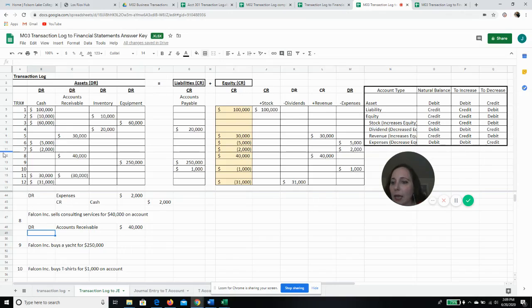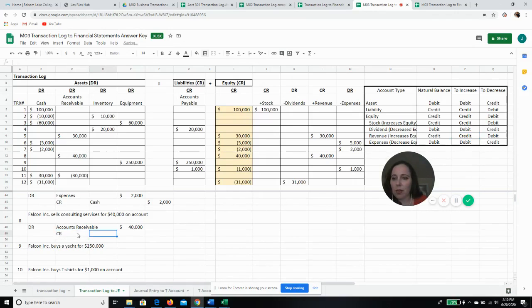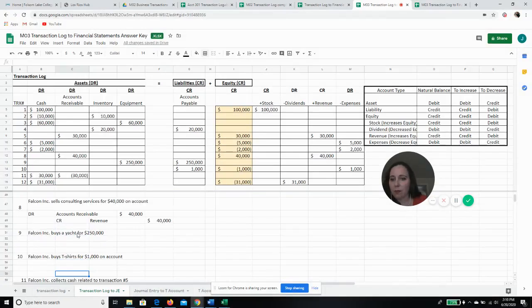All right, and in transaction 8, I also increased revenue by $40,000. Revenue is increased with a credit, so I am going to credit revenue for $40,000. And my debits equal my credits, so I am ready to move on.